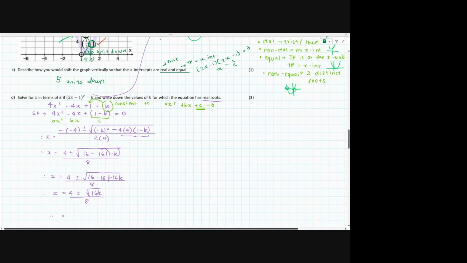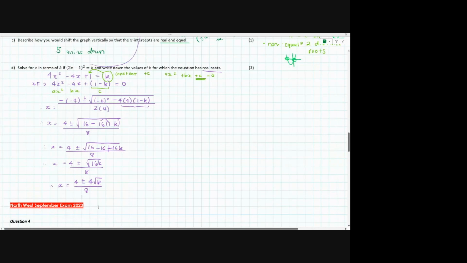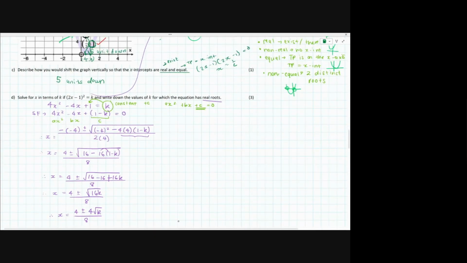Okay, what we can now do is square root the 16. So x is equal to 4 plus or minus, the square root of 16 is 4, root k, over 8. Now you can take out a common factor of 4 in the numerator.